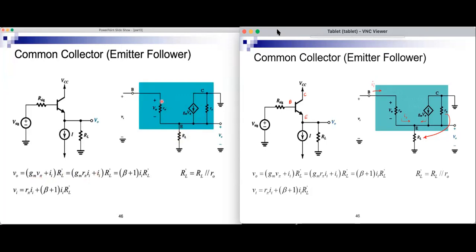Now V pi is obviously the input current times R pi, and we can replace it here. So R pi Ii is V pi, and we get at the end beta plus 1 Ii times R prime L. The input voltage is the voltage here, the output voltage, plus V pi, which is R pi Ii, and this is the equation for Vi.